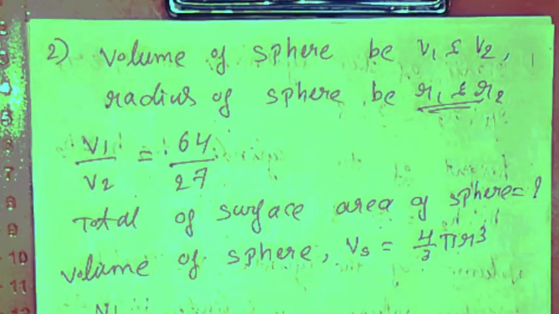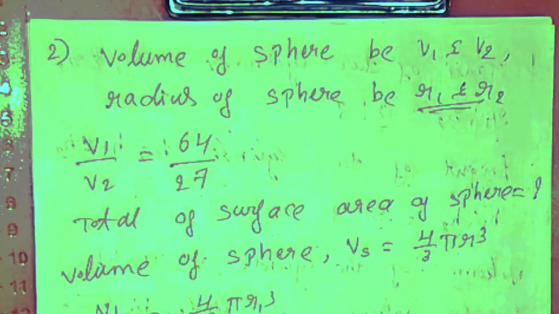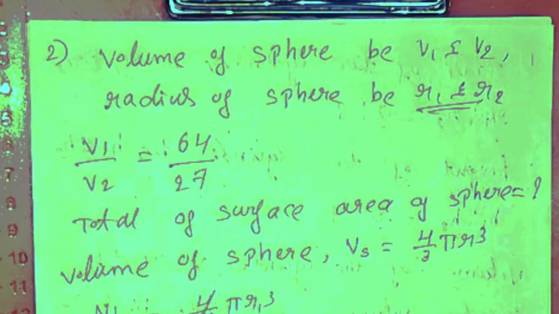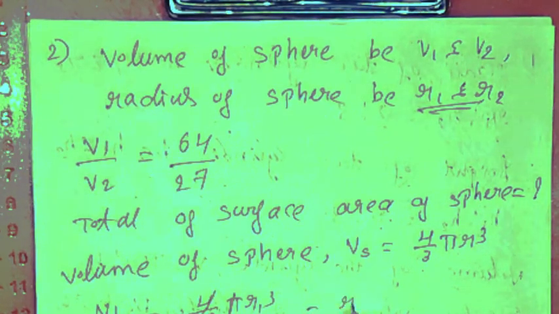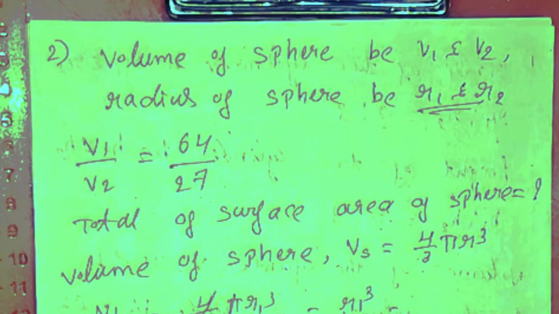So V1 by V2 equal to 4 by 3 pi r1 cube divided by 4 by 3 pi r2 cube. 4 by 3 pi gets cancelled. Remaining is r1 cube by r2 cube, which equals V1 by V2, that is 64 by 27.